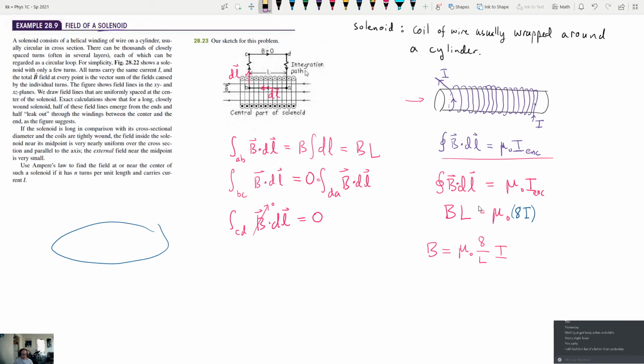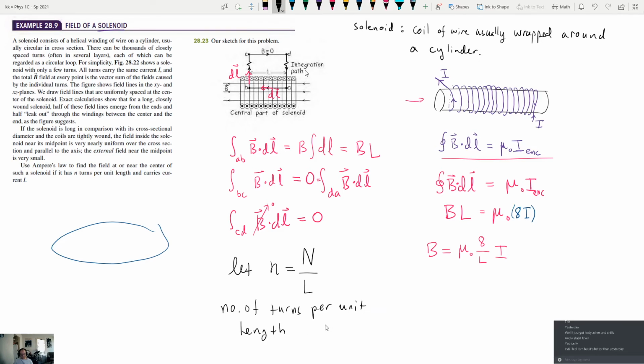And it is. What we do is we say, let little n be equal to the number of turns divided by length. So it's basically the number of turns per unit length. Okay, so this is number of turns per unit length.